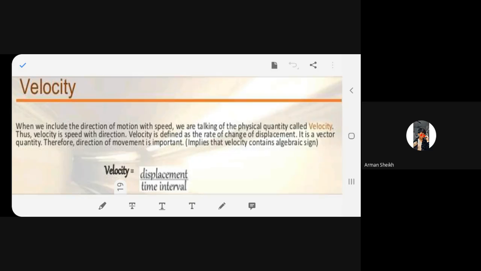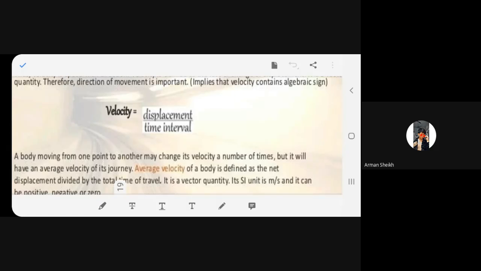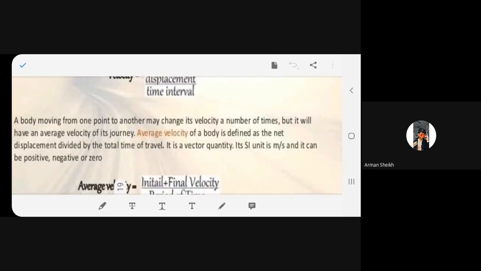The rate of change of displacement. It has both magnitude as well as direction, so it is a vector quantity. Formula wise, velocity is equal to displacement upon time interval.